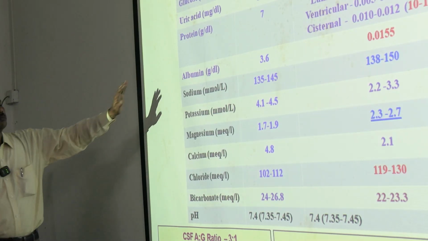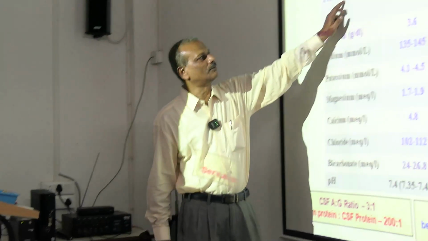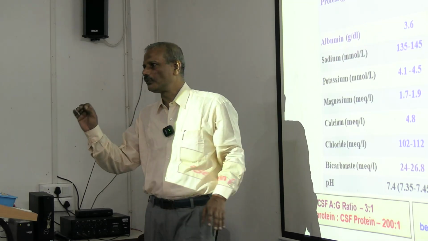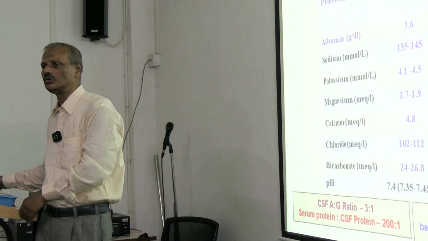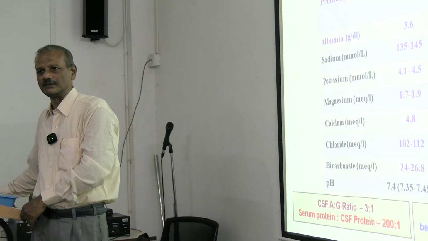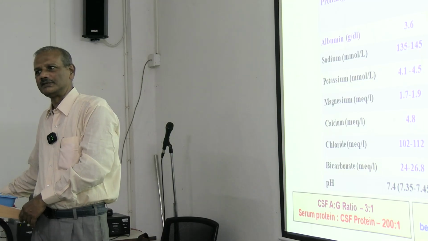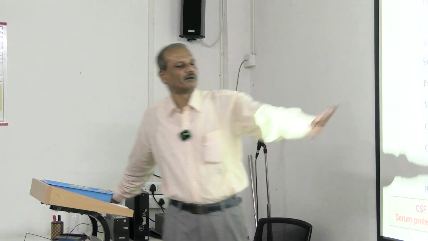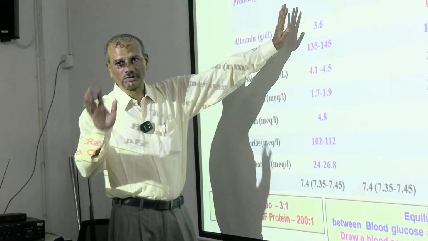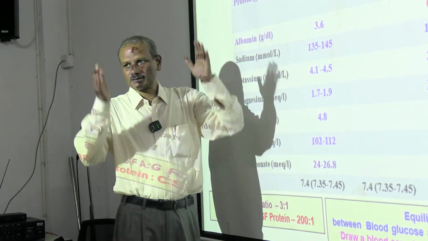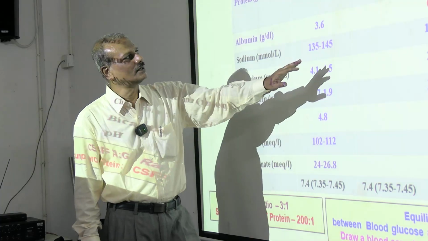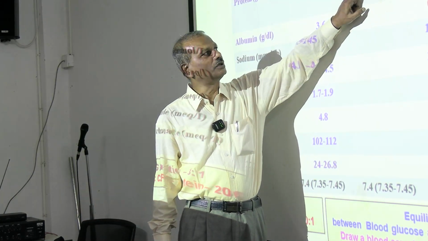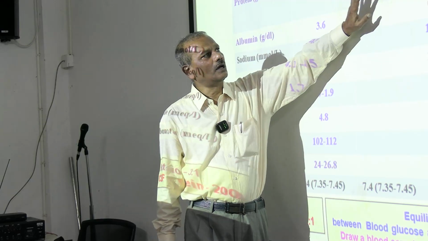Okay. Now look at the protein. Normal protein level in the plasma is 6 to 8 gram per deciliter. That means 6,000 milligram to 8,000 milligram per deciliter. I have made an average of 7, just for your understanding. And in the spinal canal, you can see there is a lumbar region, and in the brain there are two regions, ventricular and cisterna.